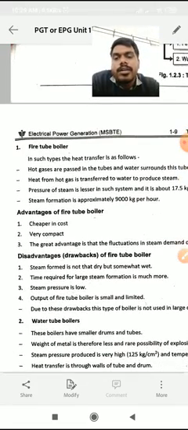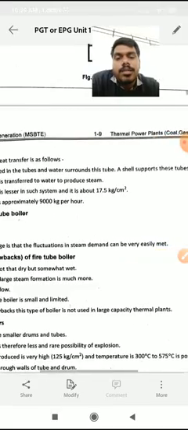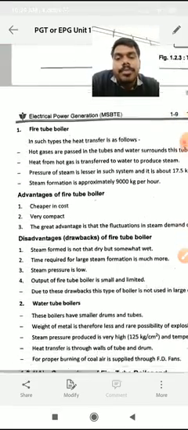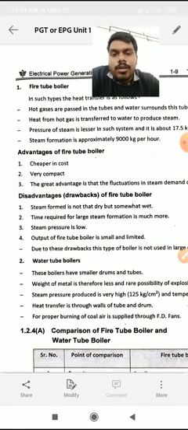So what are the advantages of the fire tube boiler? Cheaper in cost, very compact. The greater advantage is that fluctuation in steam demand can be very easily met. If there are fluctuations in the steam, then this kind of fire tube boiler can be widely used. But there are many drawbacks. Steam formed is not that dry but somewhat wet.